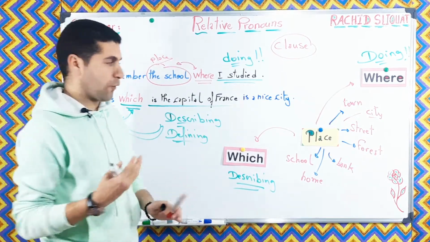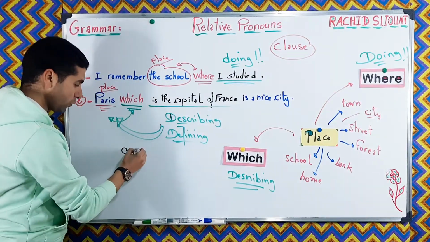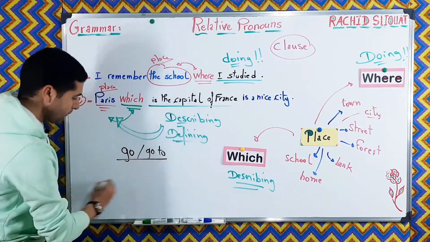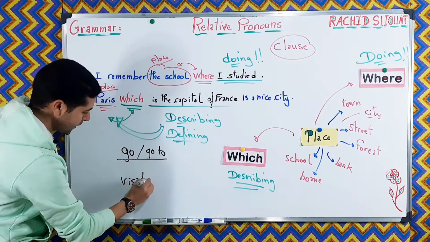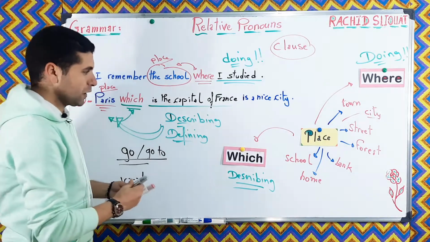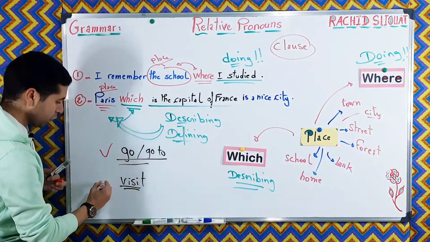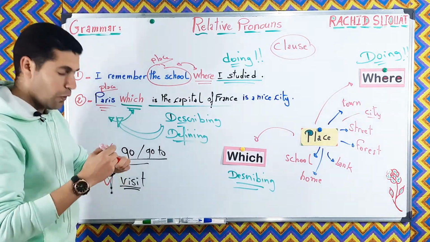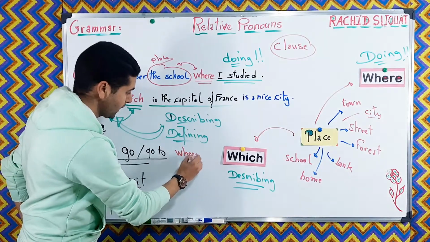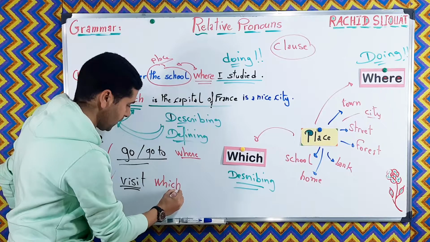Sometimes you can use some verbs like go or go to, and visit. These are two different verbs that we can also use with place. Always go or go to with where, and visit with which.